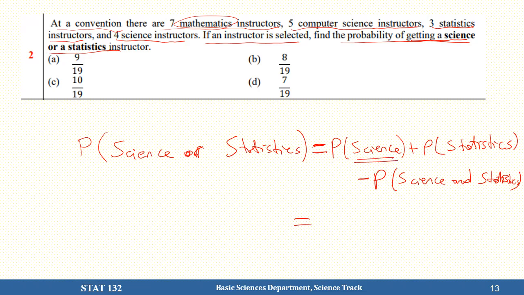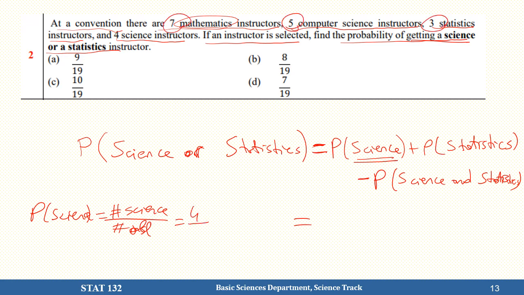The probability of science is the number of science instructors divided by all instructors. So it will be 4 divided by 7 plus 5 plus 3, 15, plus 4, 19. So it has to be 4 over 19 here.